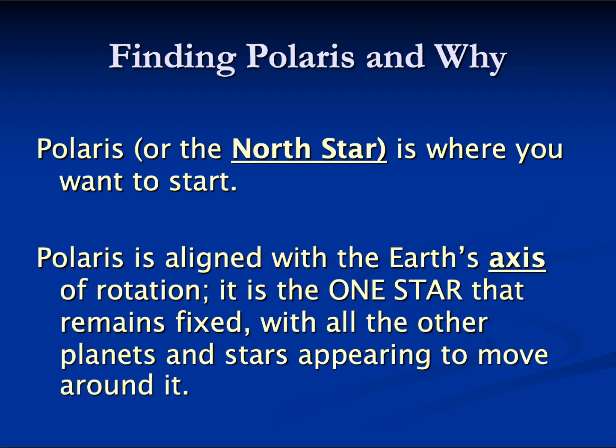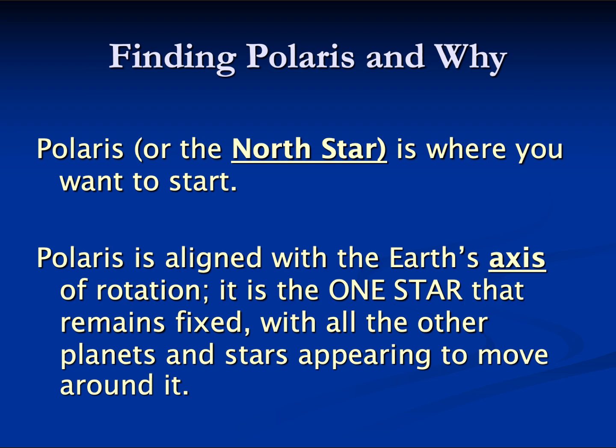To start learning the night sky, you have to go outside and find north. This is important because the North Star, Polaris, is the one star that does not appear to move in our sky. The stars aren't really moving around us, but they appear to do so because of Earth's rotation.